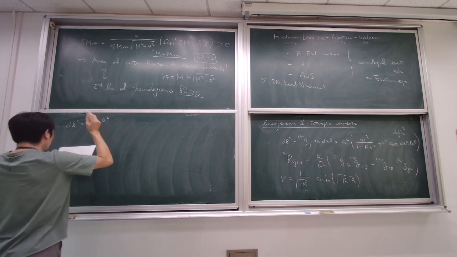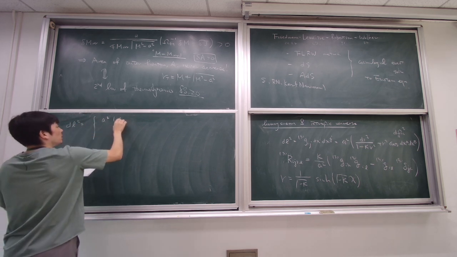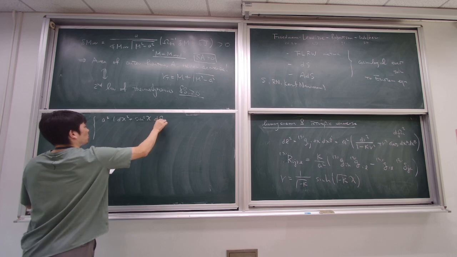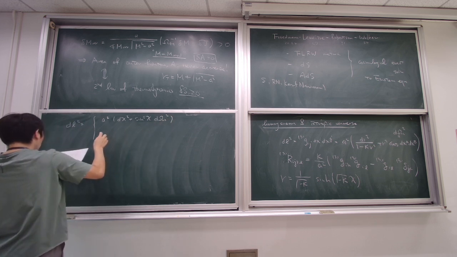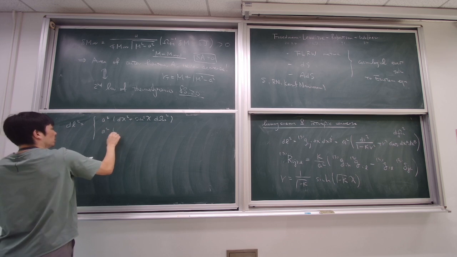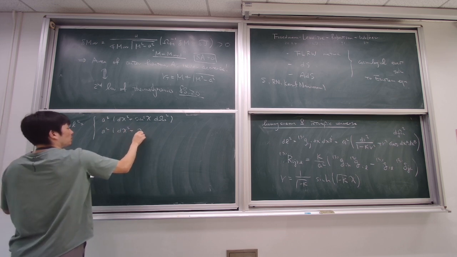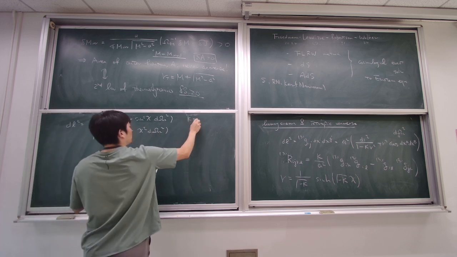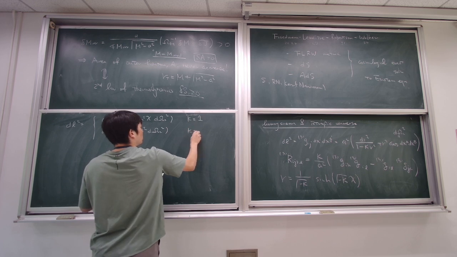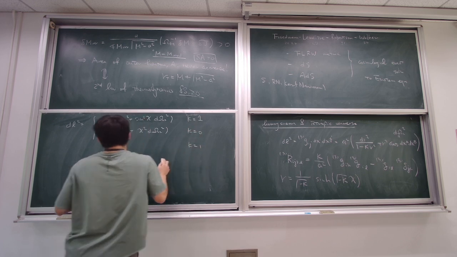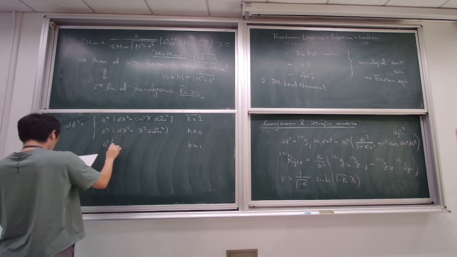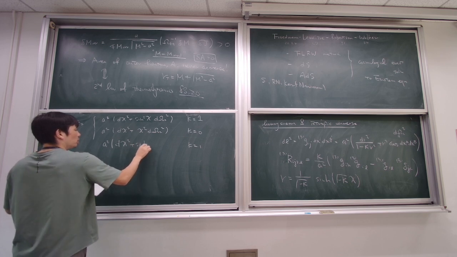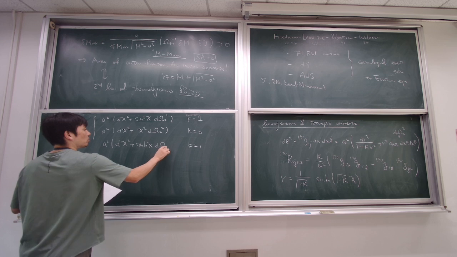Depending on the sign of k, you have a squared (d chi squared plus sine squared chi d omega 2 squared), or a squared (d chi squared plus chi squared d omega 2 squared), or a squared (d chi squared plus sinh squared chi d omega 2 squared). So this is k equal to essentially 1, k equal to 0, and k equal to minus 1.